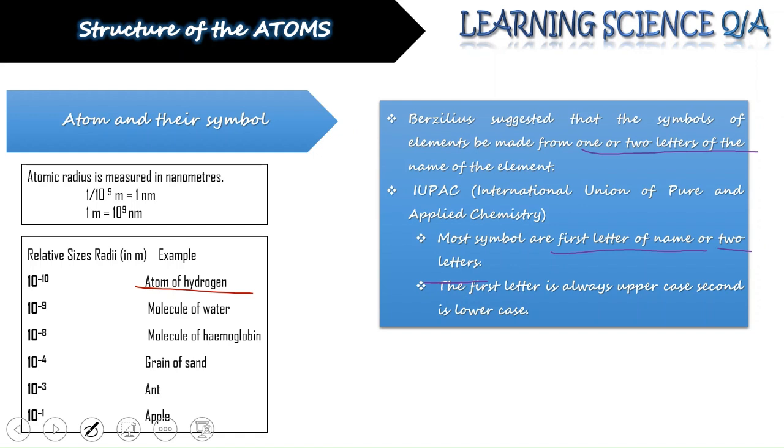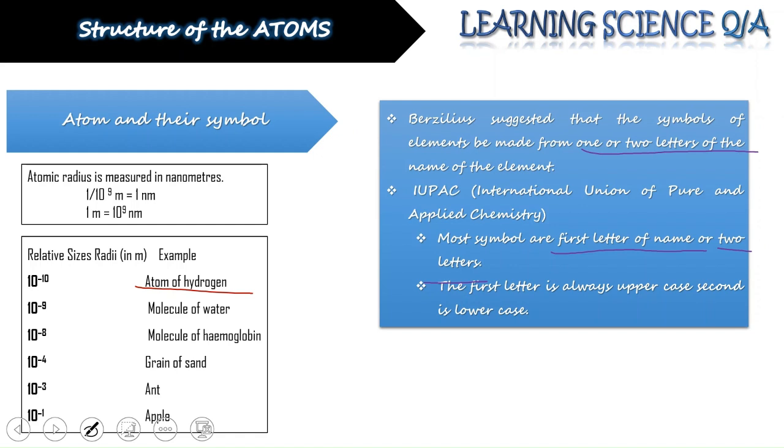A grain of sand, which is so tiny, is 10 raised to power minus 4. An ant, 10 raised to power minus 3. And an apple, 10 raised to power minus 1. So these are the relative sizes of the radii in meters.